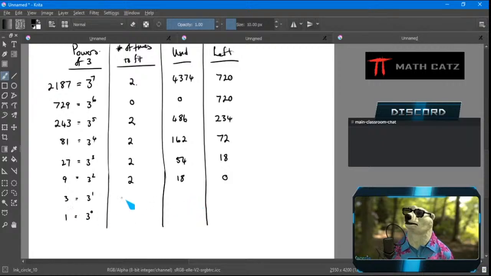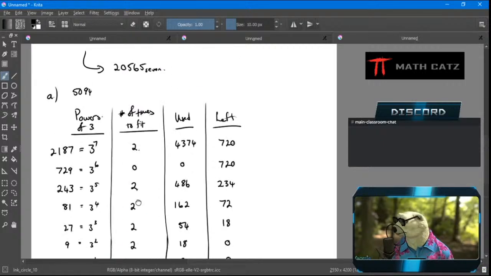So then, of course, there's nothing left to fit 3s in. I've used nothing. I still have nothing. No 1s can fit into nothing. I'm already done. But I do need to say how many groups for everything from my starting point down.